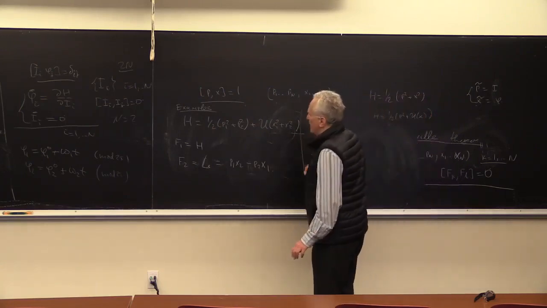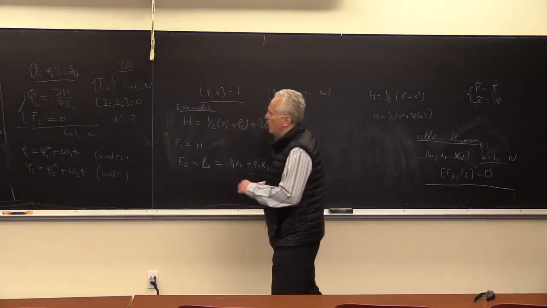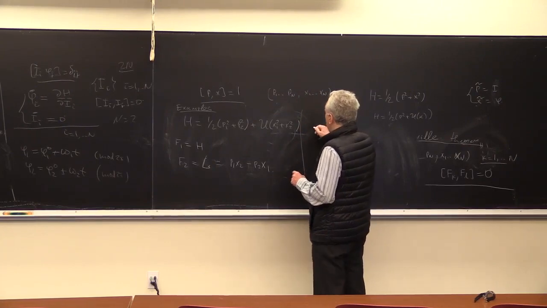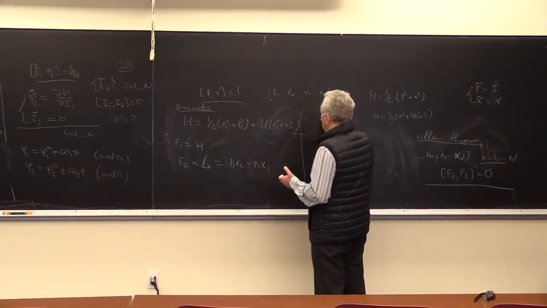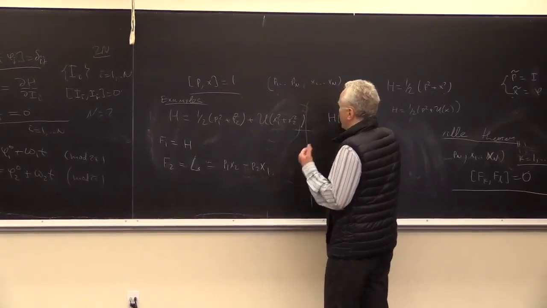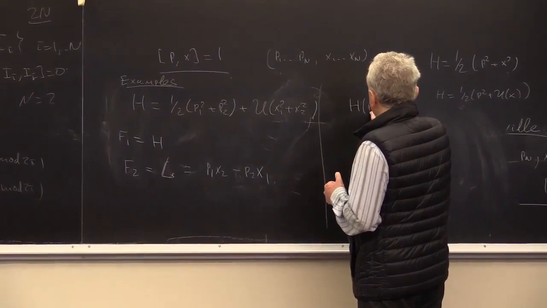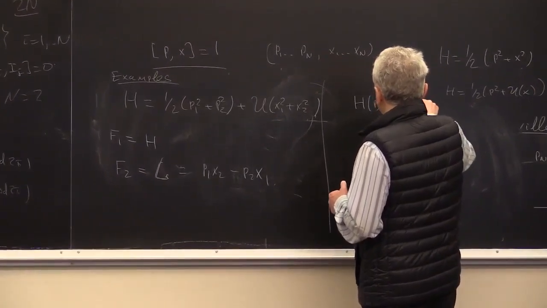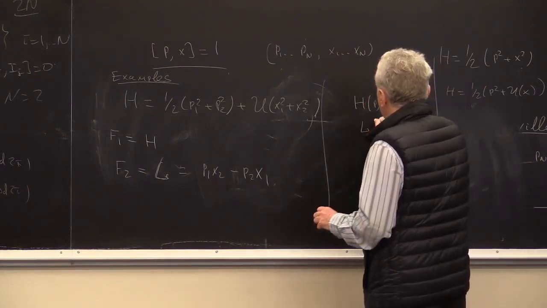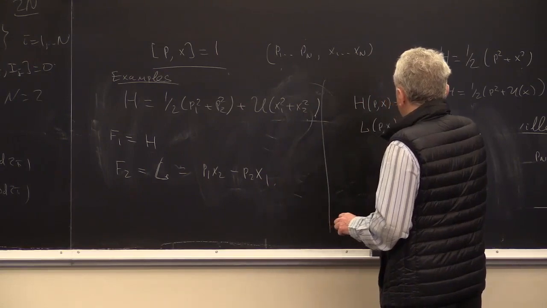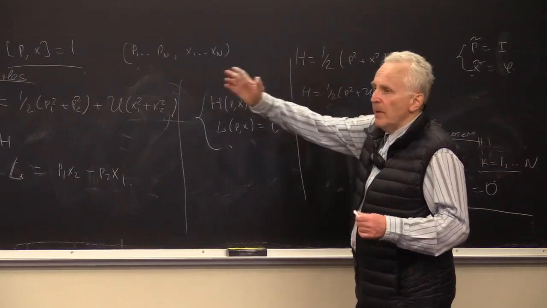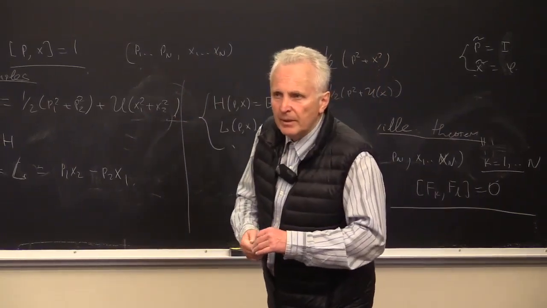We said that a completely integrable system moves on a two-dimensional torus. What does it mean? Suppose we take a surface in the four-dimensional space where the Hamiltonian is equal to energy, some numerical constant, and L of P and X is some other numerical constant. This defines a submanifold in our four-dimensional space.